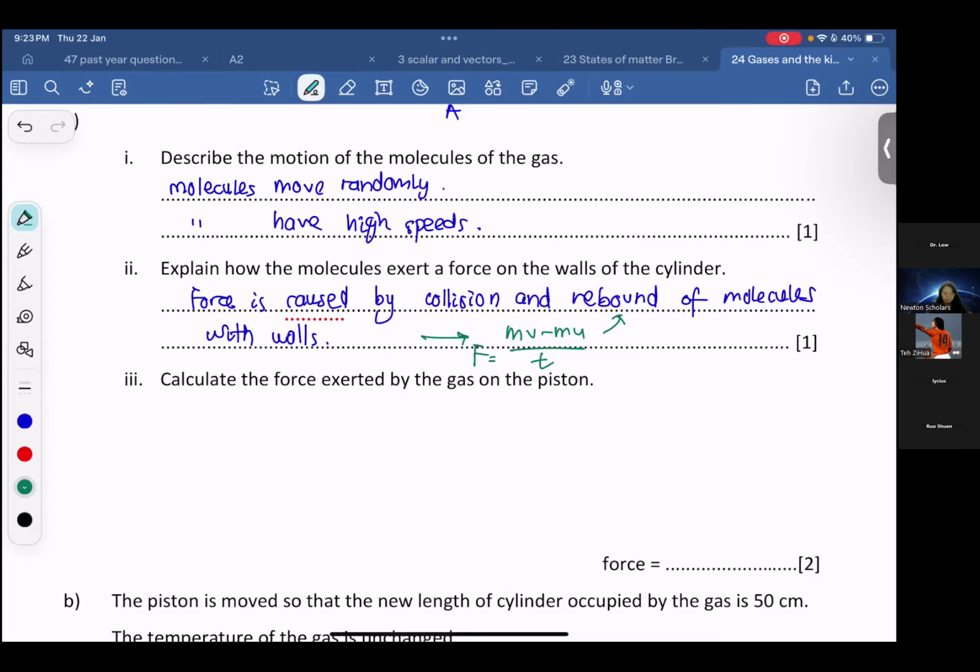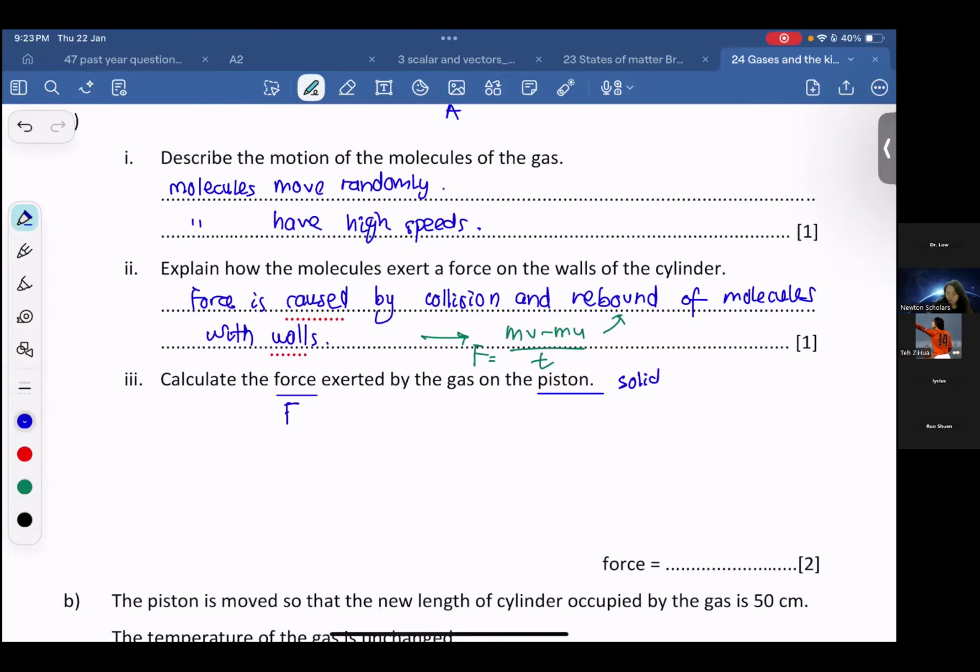Try? On the piston. Angeline, yes, correct.